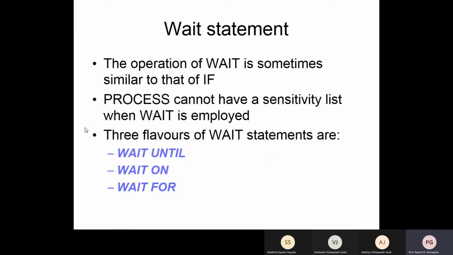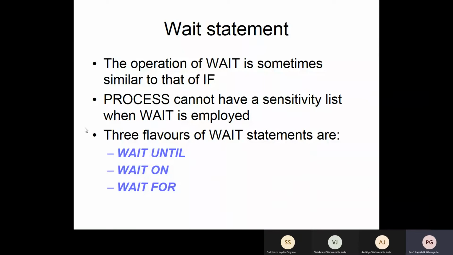Another statement that we come across as far as sequential statements are concerned is the wait statement. Now the operation of wait is sometimes similar to that of if. See, process is another sequential construct. In fact, process itself is a concurrent construct, but whatever is inside the process are all sequential statements.